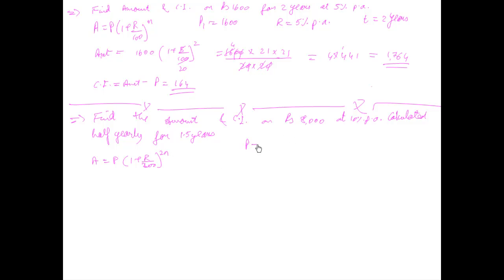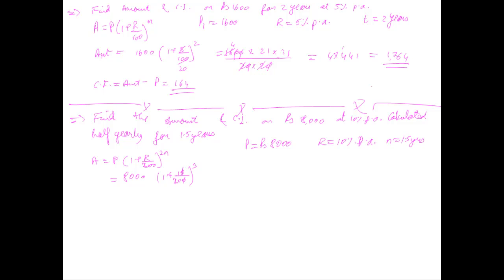Principal rupees 8,000, rate 10% per annum. N is 1.5 years. So 8,000 into (1 plus 10 upon 200) raised to the power of 2 into 1.5, that's 3.